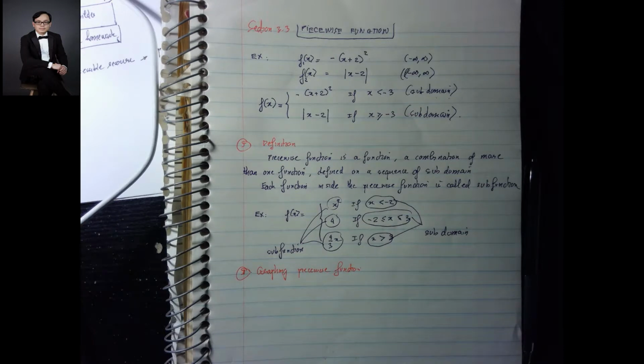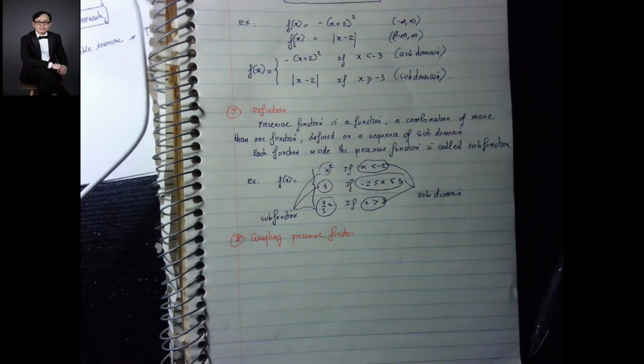However, the domain of the piecewise function is a sequence of subdomains, so we have to consider many domains of the subfunctions. It means that we graph piece by piece, and we apply the restriction for each piece. As long as we apply the restriction for each piece, then we have the graph of the whole piecewise function.